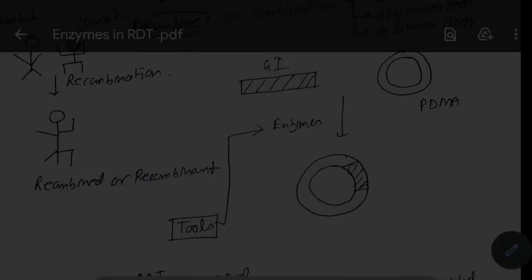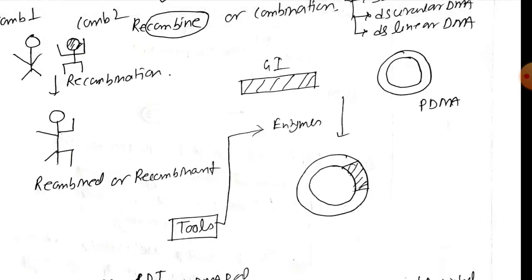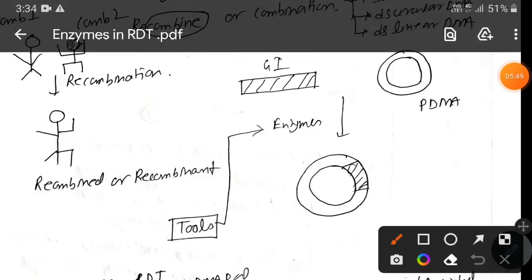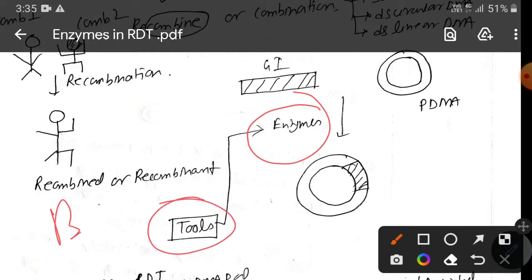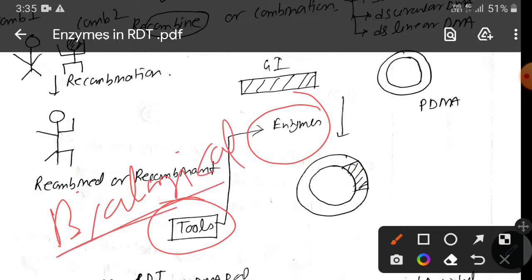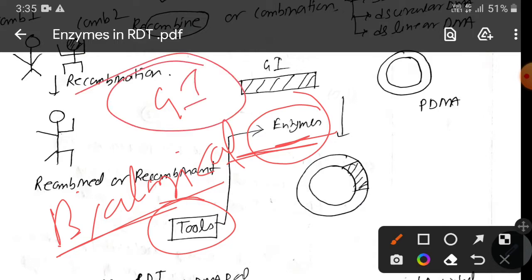So the scissors and glue for biology are mainly enzymes. These biological tools are nothing but enzymes that help you to join a double-stranded DNA molecule named gene of interest with the plasmid DNA molecule, leading to the formation of that one.